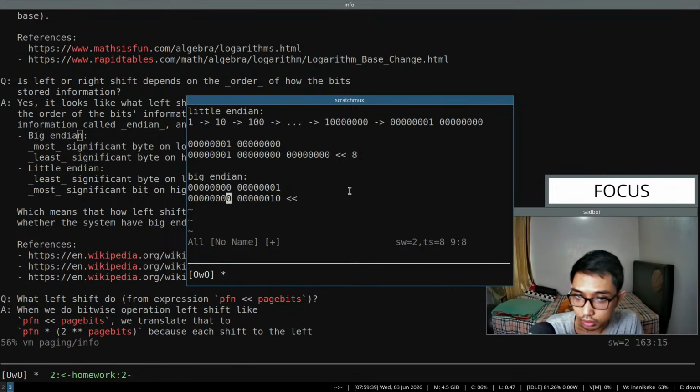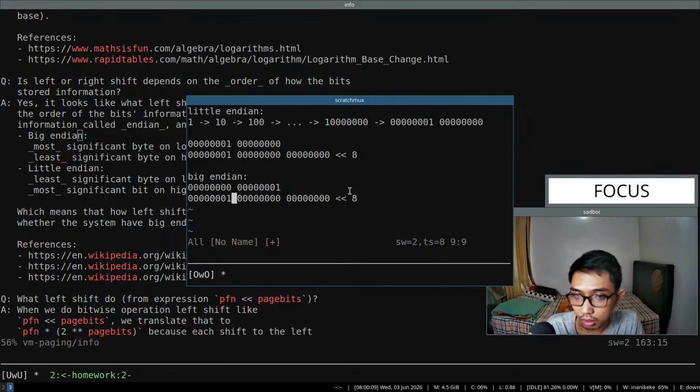Okay. If this is the case, right, then the big endian here would be something like this, maybe. And this one and this one.